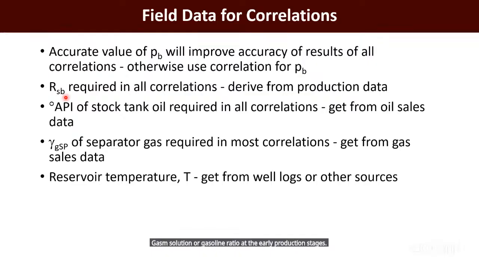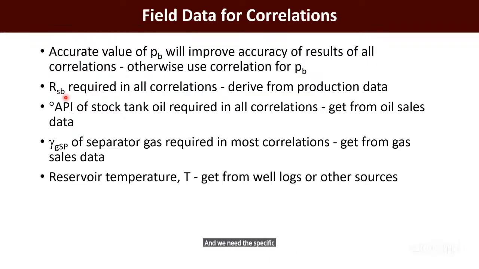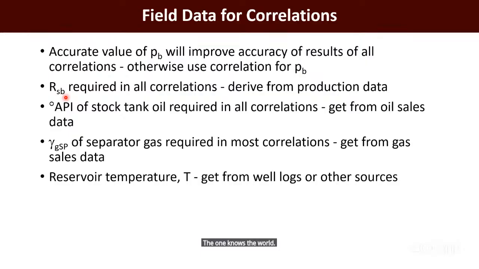Also, we need the API of the stock tank, and we will need the specific gravity of the separator gas, and we can get it from the gas cells data. Also, we need the reservoir temperature, and we can get it from the well logs or other sources. We can get it easily from the RFT data.